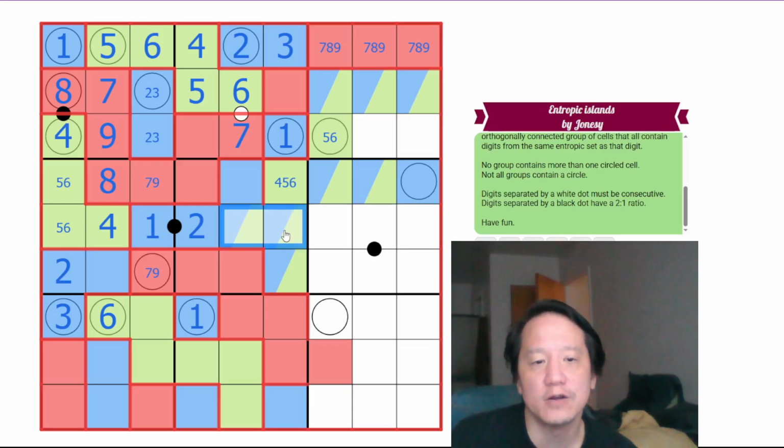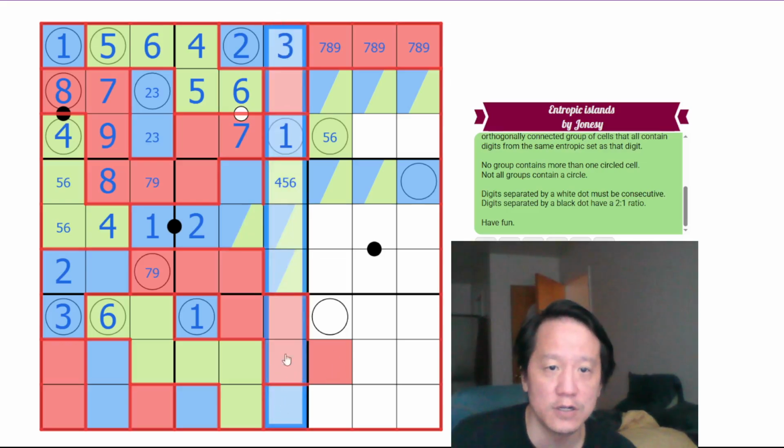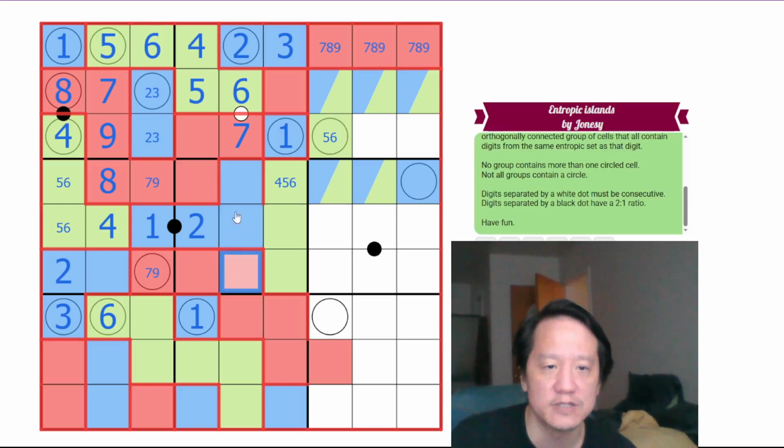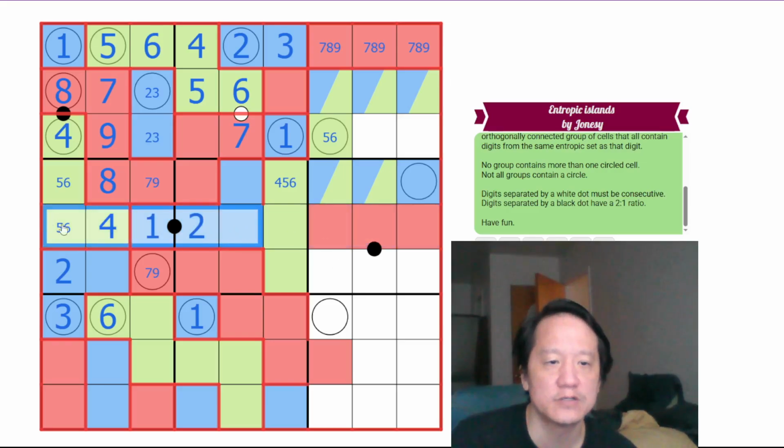So we have 3 guaranteed lows in column 6, so these cannot be low. These are mid. We have 3 guaranteed mids in box 5, so this can't be mid, that's low. That means the remaining digits in row 5 have to be all high.